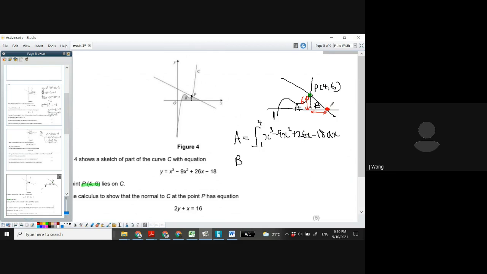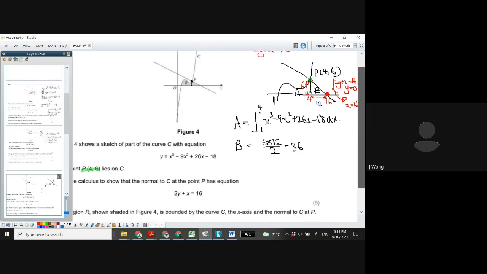You could get it by taking our equation of the line, 2y + x = 16, and setting y as 0, because this is where the line cuts the x-axis. If you do that, then you will have x as 16. Therefore, if you work out the difference between these two x values, that is going to be 12, which is the base of the triangle. So we can set the area of B as base times height divided by 2, and that works out to be 36.